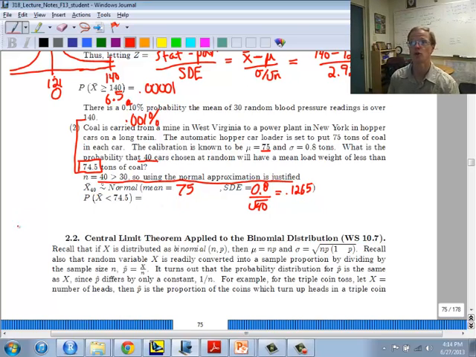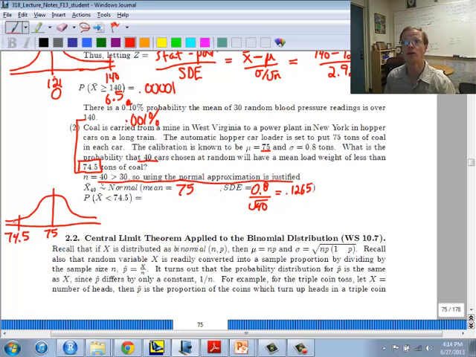Sketching the curve, we're going to have a mean of 75, and we're down here at 74.5. We know it's kind of low. How low? We want less, so I'm going to shade on the less side.